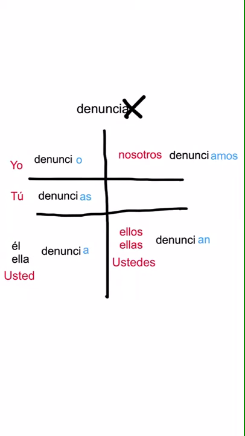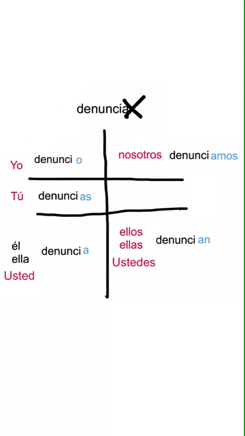You report a crime. With nosotros, it's amos. And with ellos, ellas, and ustedes, you all, we have an AN ending there. So every time we use one of these subjects here, the endings of the verbs will change. You might want to stop this and put these into your notes.